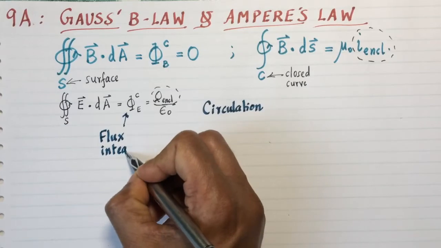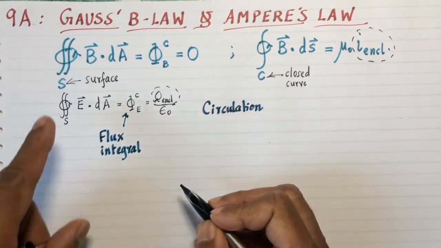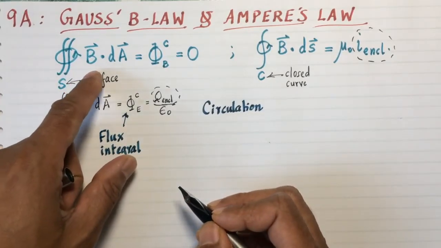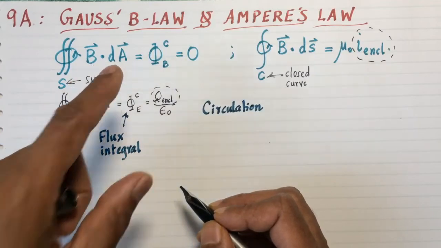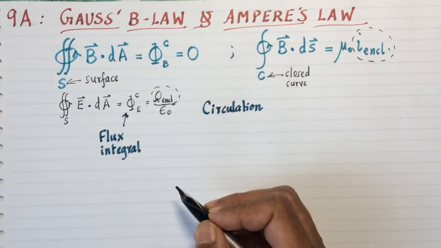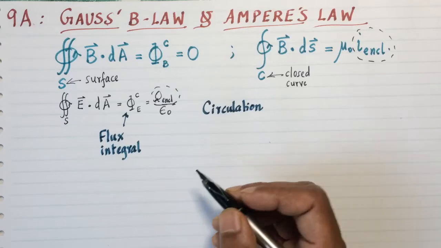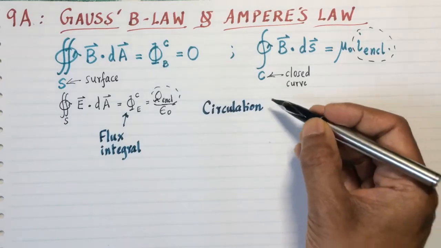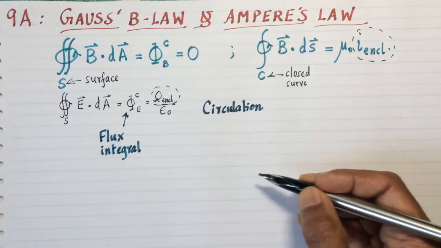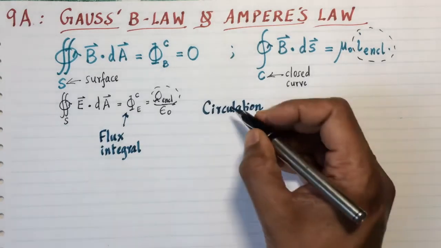The flux integral captures the dot product information of the field with the unit normal times the area of that surface, whereas the circulation integral captures the flow around a closed loop.